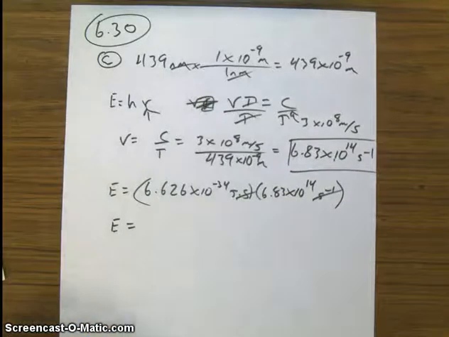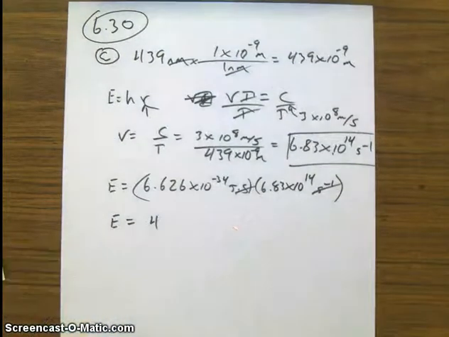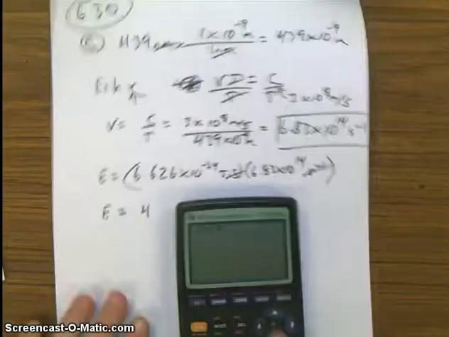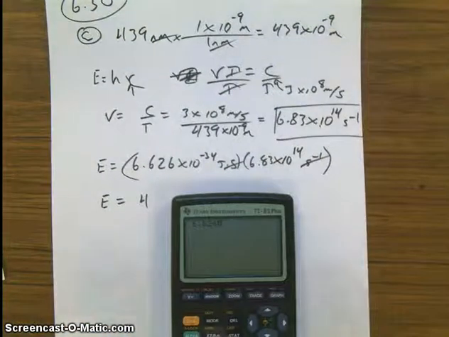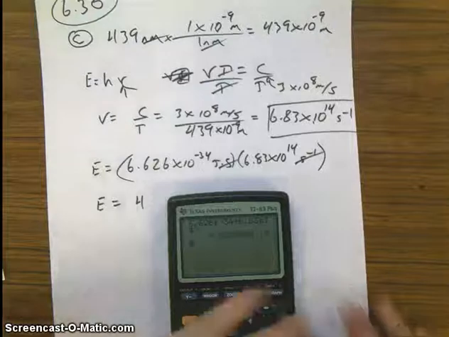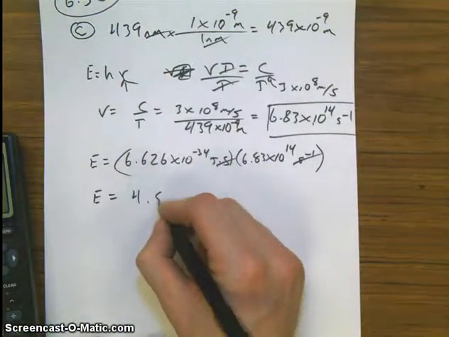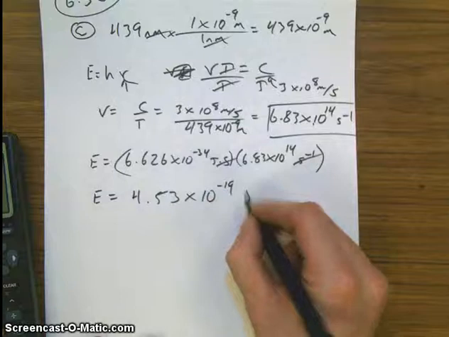Let me make sure I type this in correctly so I get the answer correct. So I take my calculator here, 6.626 E negative 34 times 6.83 E14. Hit that in, you end up with 4.53 times 10 to the negative 19th joules per photon.